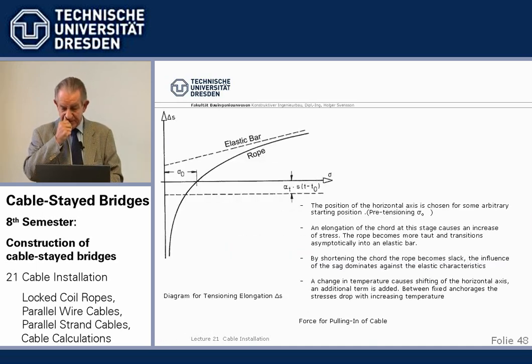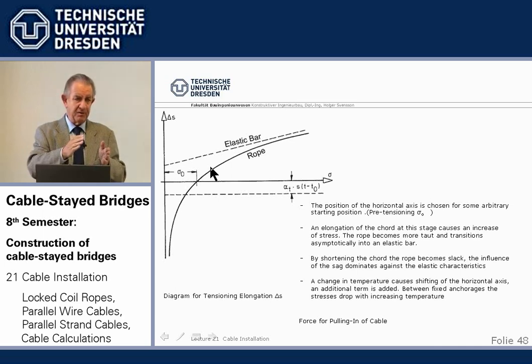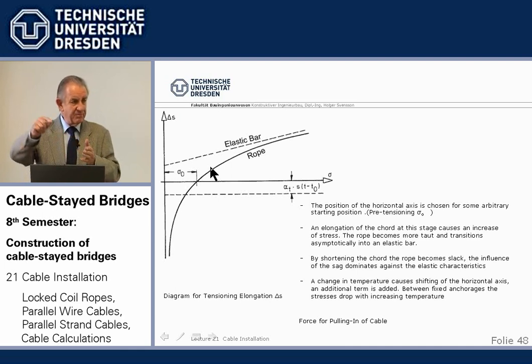Cable calculations, I'll do it very briefly because in detail it's a little complicated. But the basic idea is that when we have a slack cable and we pull the same amount, say 10 centimeters of cable length, the force is much smaller than when we go on pulling and the cable becomes nearly taut, nearly straight.